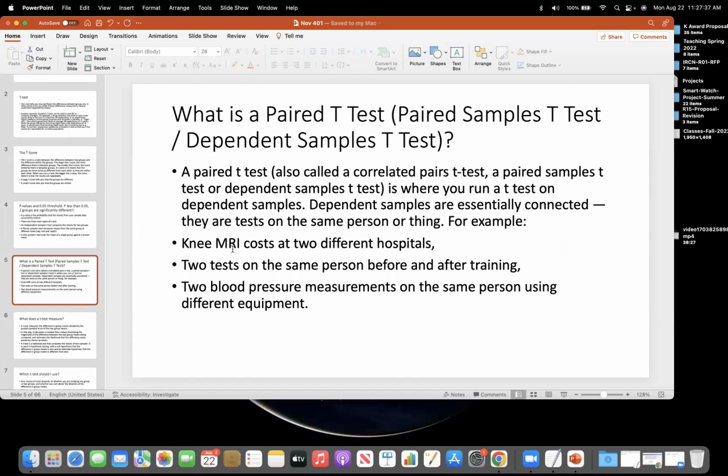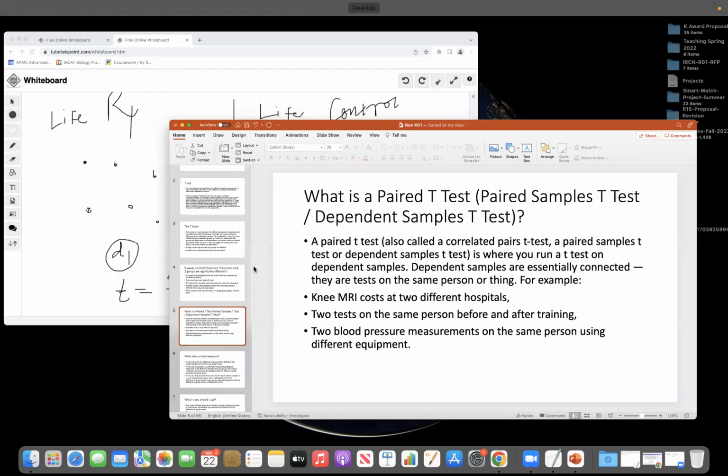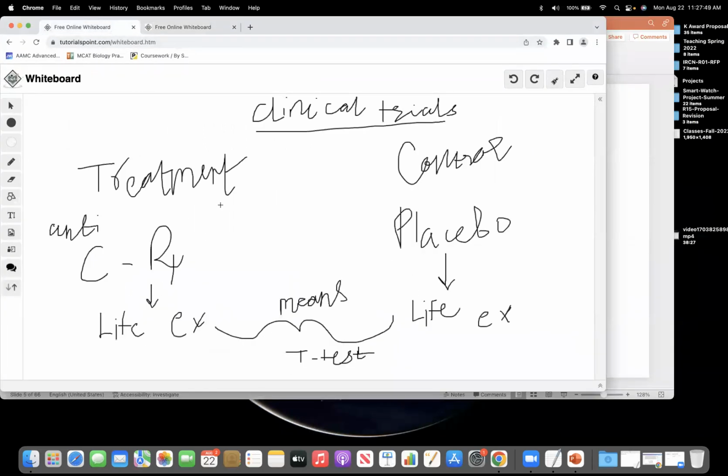So this is an example for a paired t-test. Now, the paired t-test is one of the very common t-tests used in biology and some clinical trials, right? So if we go back to this example here, treatment and control. These are experimental setups which are very common.